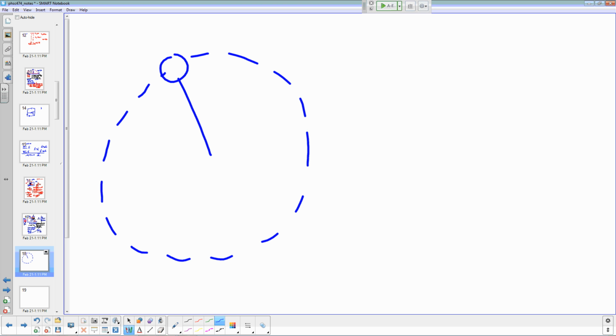So the velocity here, let's say, is in this direction, and let's say that it has a constant speed. So it's moving around in a circular path with a constant speed. But it actually is accelerating because the velocity, while the magnitude isn't changing, is changing what? The direction is constantly changing. So that means that it has to have a constant acceleration. And we call that acceleration the centripetal acceleration.